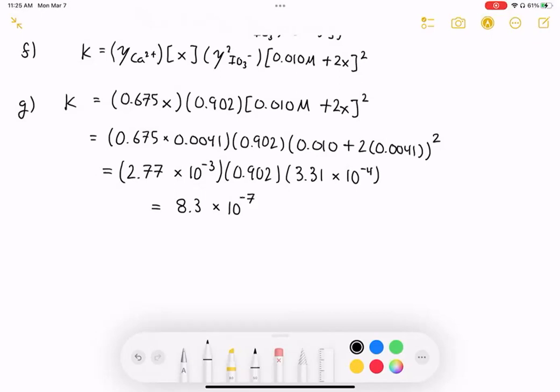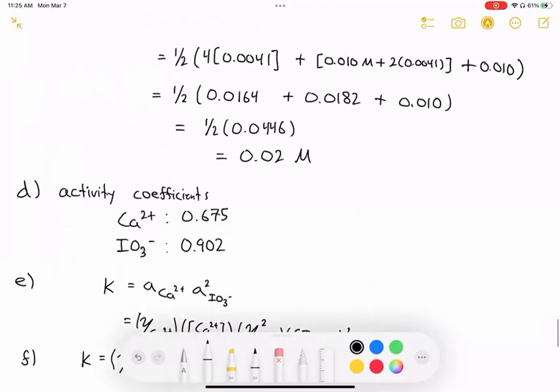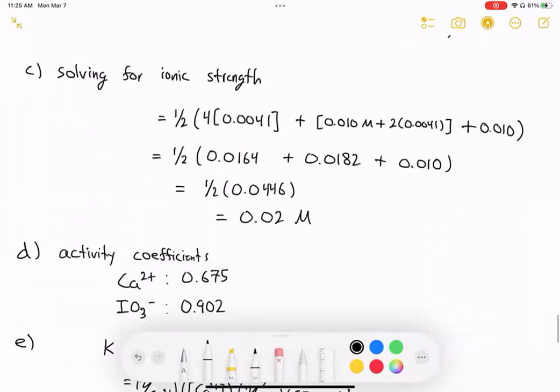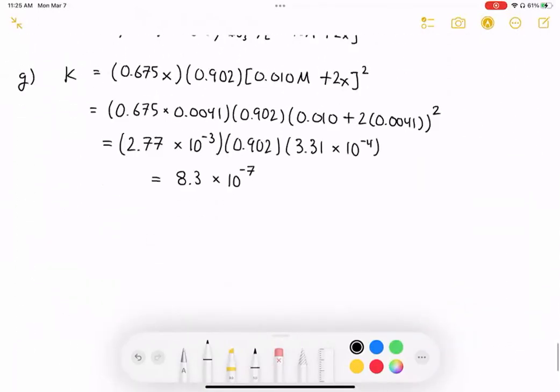So now I have a value that is a little bit more off than the previous example where we just calculated concentrations. You see here that the KSP, if we compare it to no added iodate, has decreased considerably.